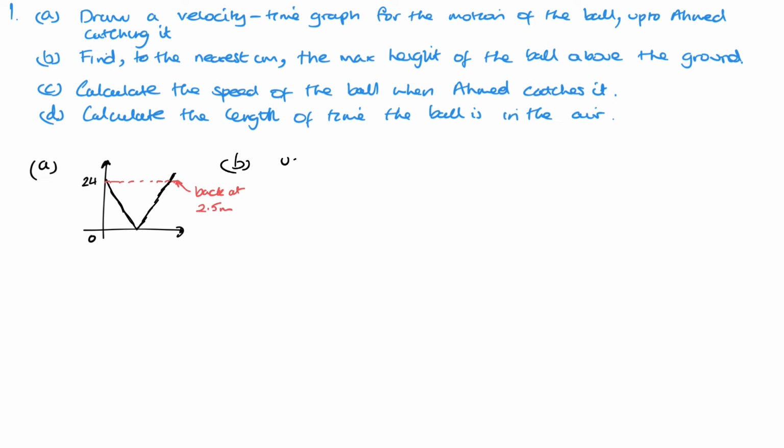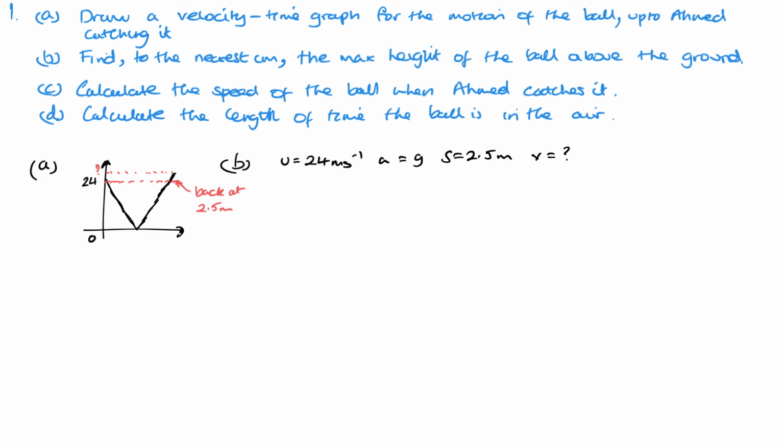So what I want to think of is u being 24 meters per second. Acceleration is g, gravity, because this is heading towards the ground, isn't it? And all we're trying to find is the value here. Okay, so we know that that distance is going to be 2.5 meters, and we need to find v.